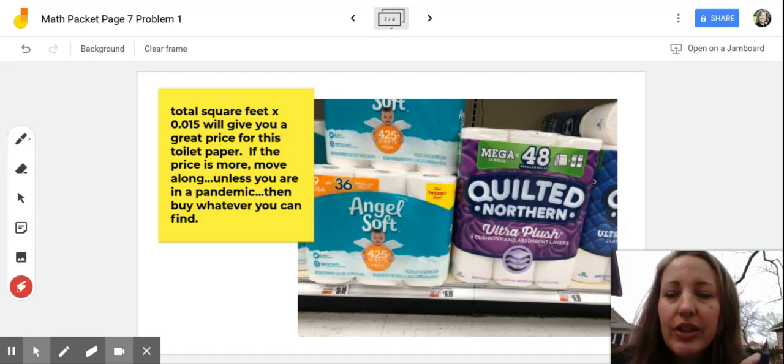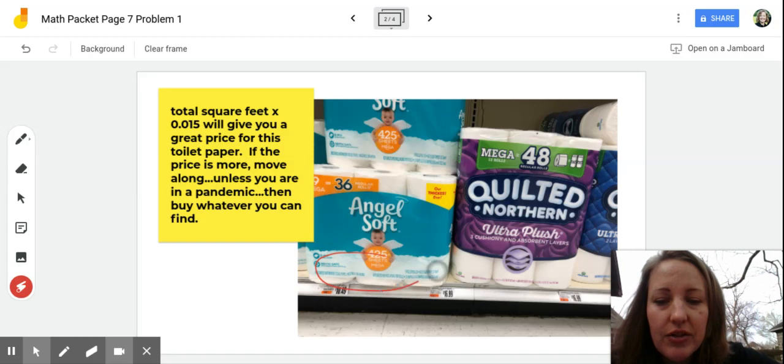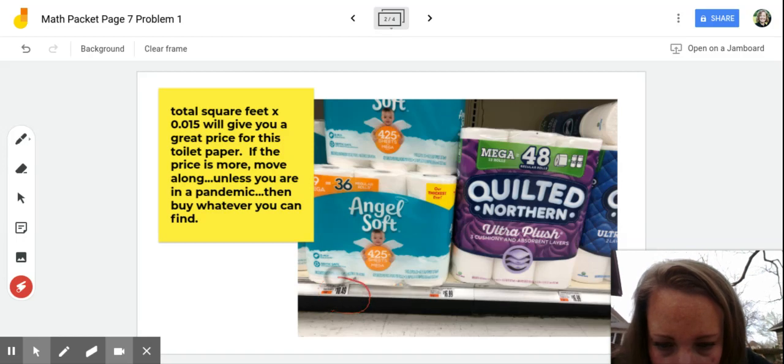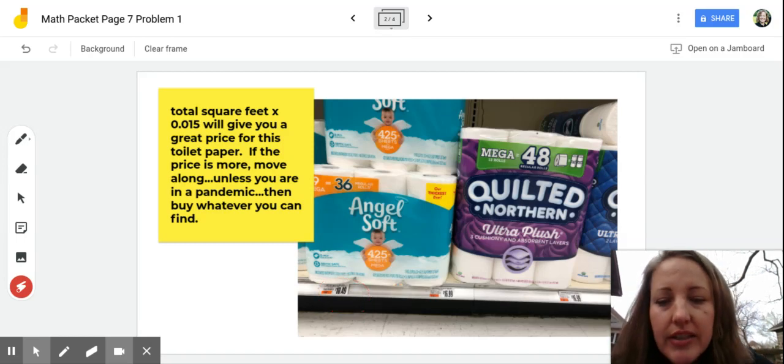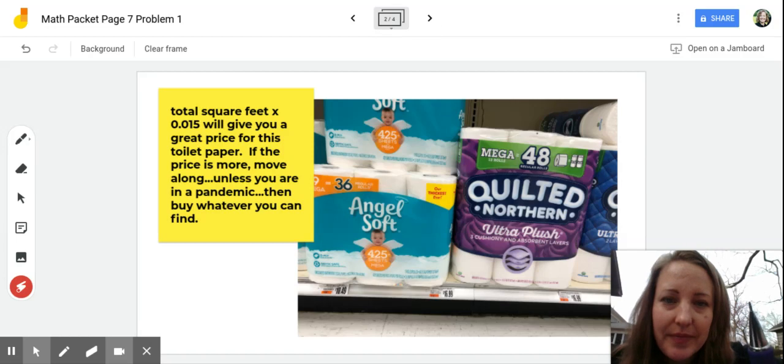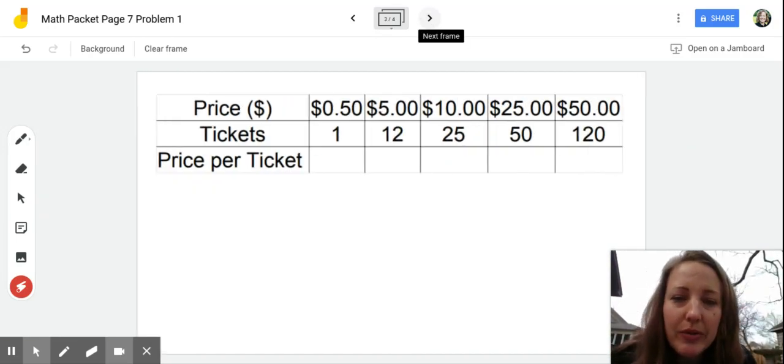So if you multiply here this Angel Soft and the square feet, not the number of sheets, but the total square feet, times 1.5 cents, and you get something. It looks like the price here is $10.49. If you get something that is more than that, then this is a good price. If you get something less than this $10.49, that's not a good price. Toilet paper math, yay.